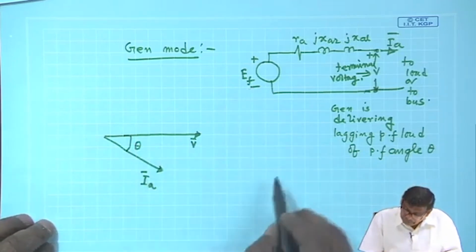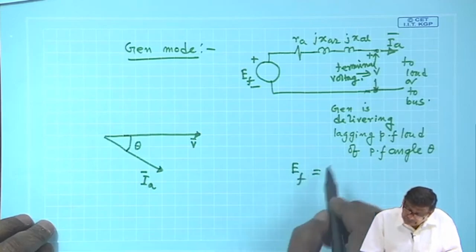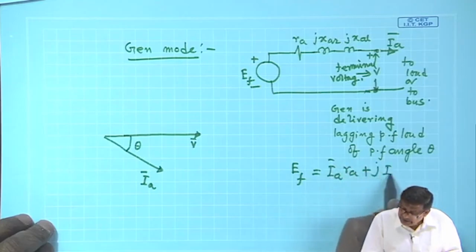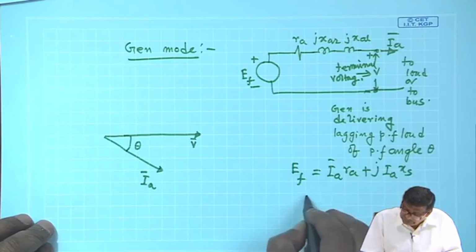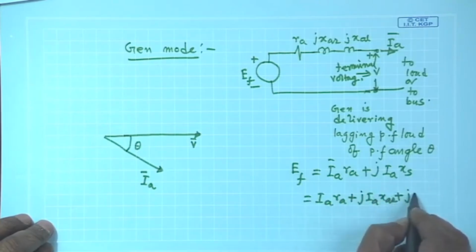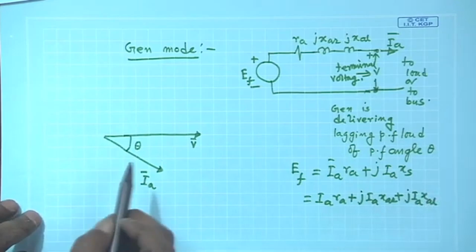Then I know EF is IA RA plus J IA XS, which is IA RA plus J IA XAR plus J IA XAL, that is all. So, I add these voltages.